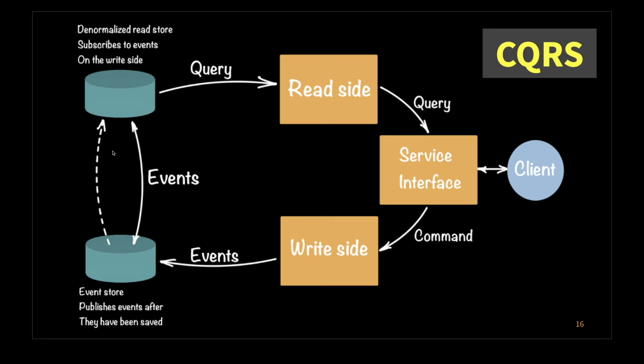This is good and bad. The good thing is it helps to optimize performance. The bad thing is that it comes at a cost of eventual consistency, where the state of the data in the write side and the state of the data in the read side are eventually consistent. Eventually, all the events will get processed into the read side.